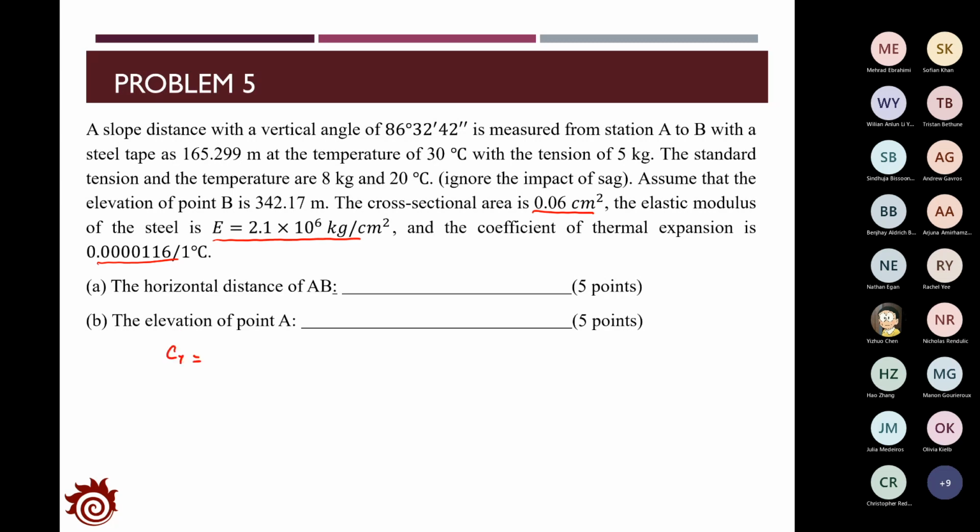For the correction of the temperature, that will be simple. It's alpha times L times (T minus T0). So alpha is 0.0000116, times the measured distance, which is 165.299.